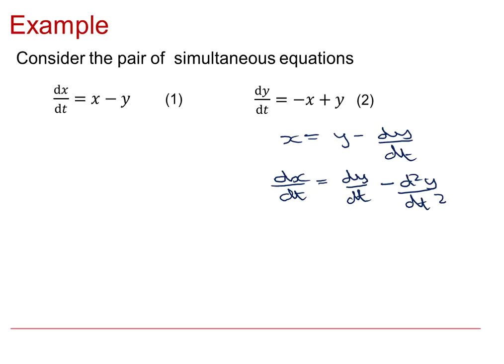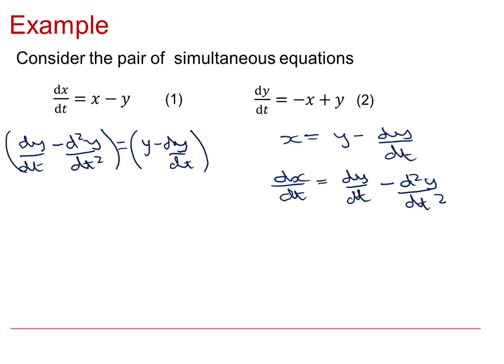If we then substitute for dx/dt in the first equation, we can rewrite that as dy/dt minus d²y/dt² equal to, and again substituting for x as y minus dy/dt, minus y. Rearranging this will give us d²y/dt² - 2 dy/dt = 0.